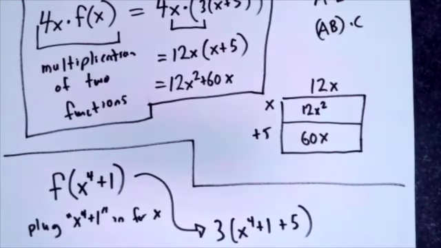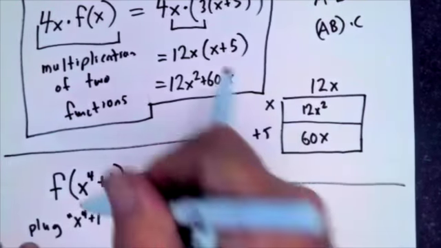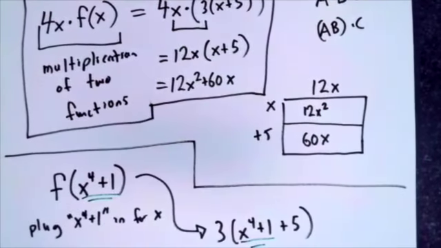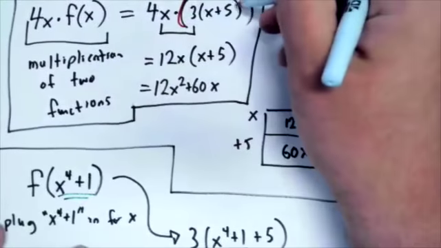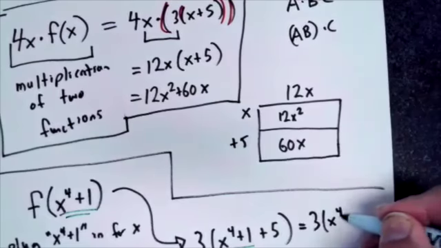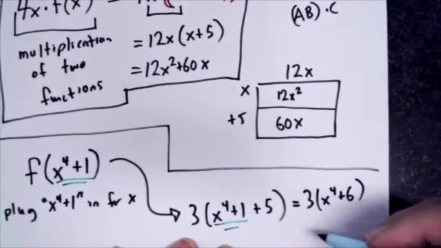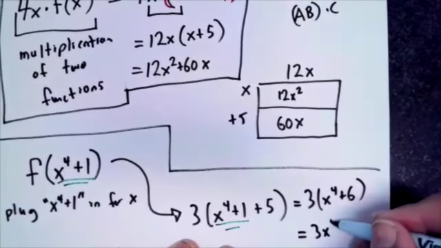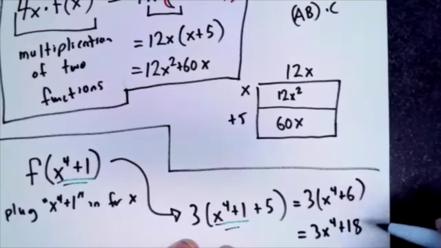And now if I want to, I can simplify this further. It's really important to distinguish that I'm plugging in here versus multiplying here. That's the key insight. So at the end of this, I get 3 times (x to the 4th plus 6). I can clean this up to be 3x to the 4th plus 18.